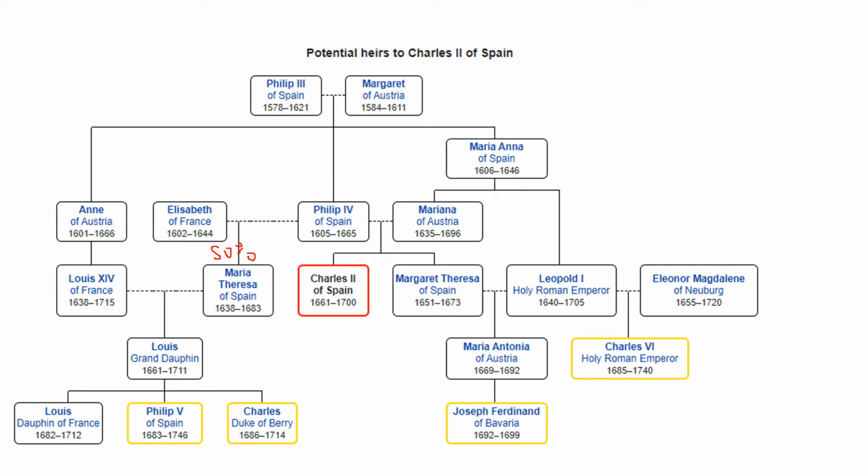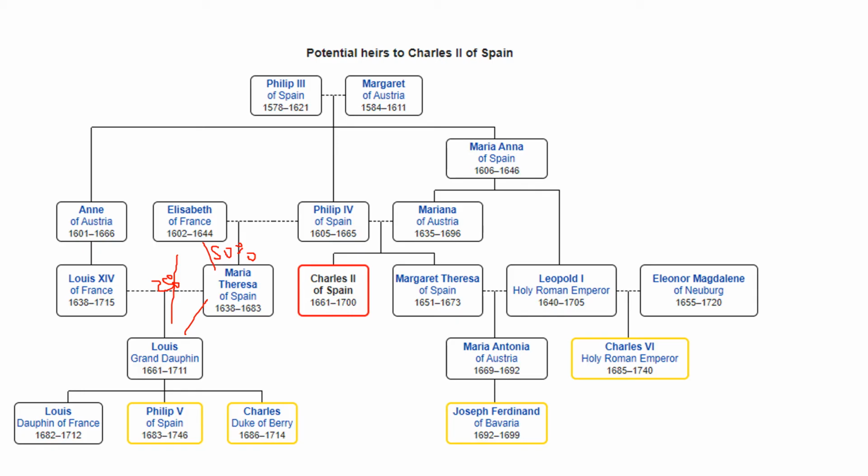Anytime you've got a son and a grandmother, how much are they going to be related? Pause it here if you don't know yet. They're going to be related 25% because you've got 2 links, one to the mother and one to the grandmother. 50% times 50% is 25%.